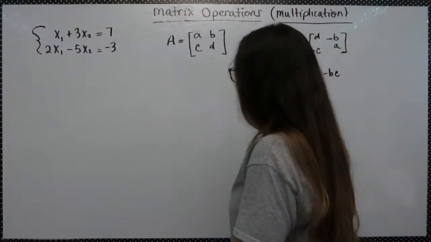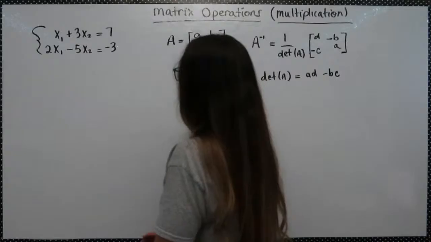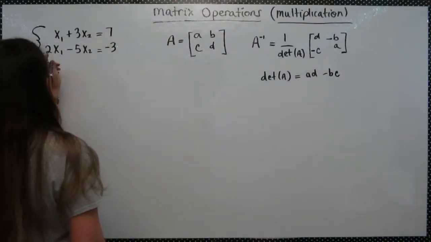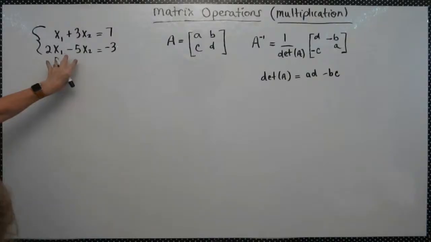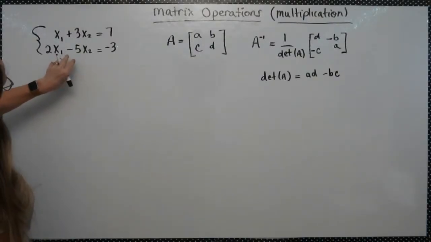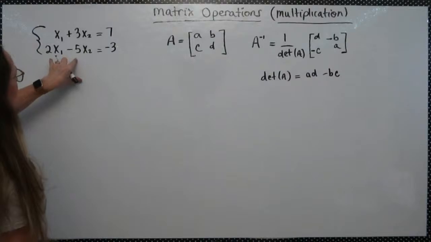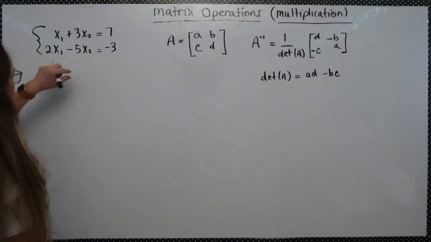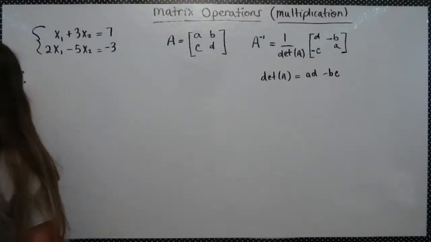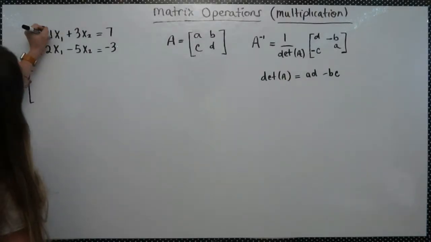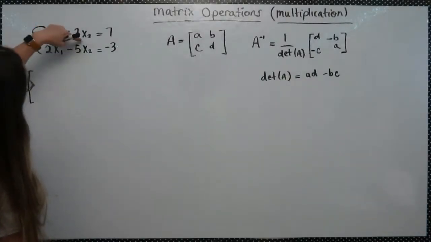So basically, the way to split this off, we're going to turn the system into an augmented matrix by doing this. You take the matrix of coefficients, which is just your coefficients in front of your variables.